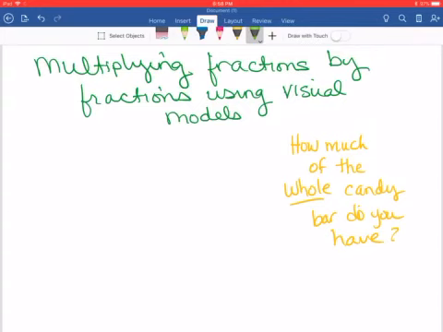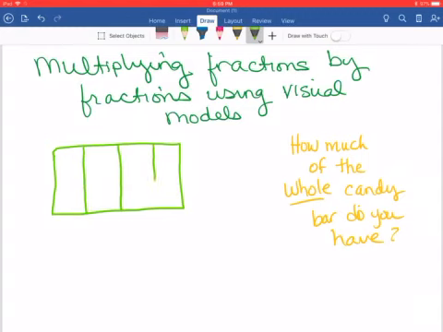All right, once again, I have my bar, my candy bar, and this time my candy bar is going to be broken into fourths. So I have 4 equal pieces, and I am holding this piece right here. You guys come along, and this time, once again, I am going to give you half of my piece.